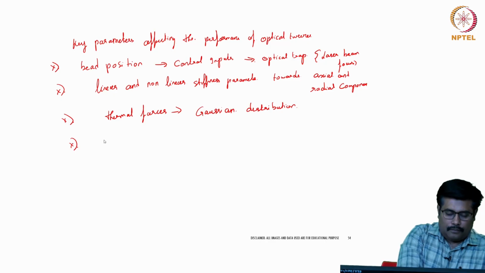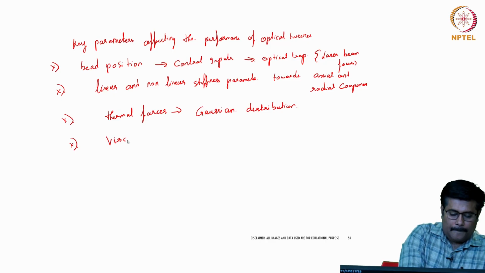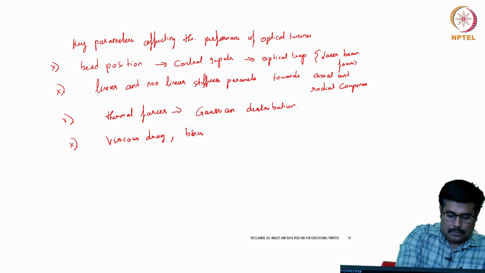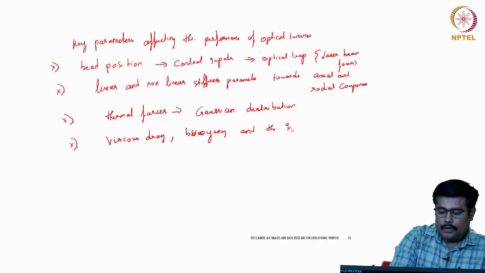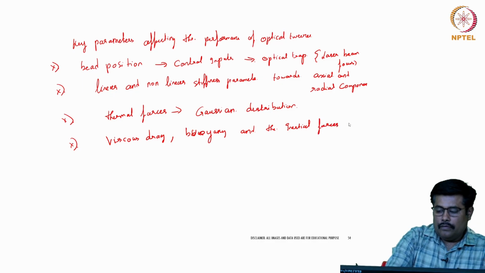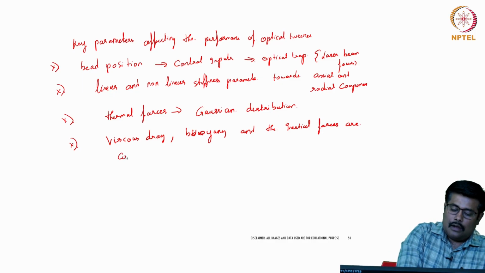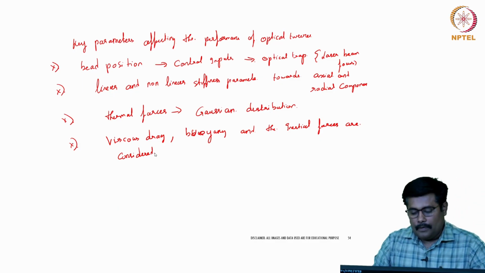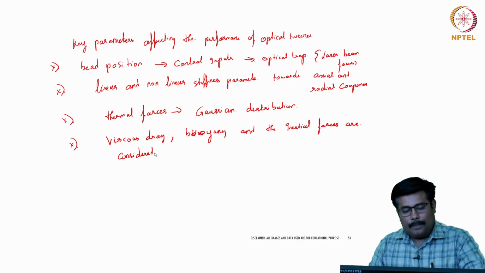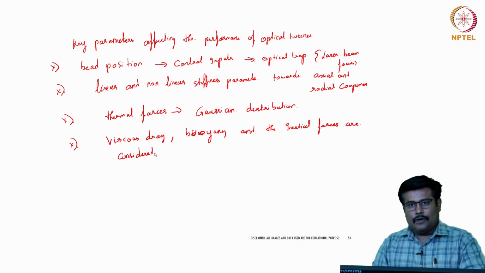And the fourth is the viscous drag, buoyancy, and inertial forces, which are considered appropriately. Okay. So, these are some of the key parameters which affect the performance of an optical tweezer.